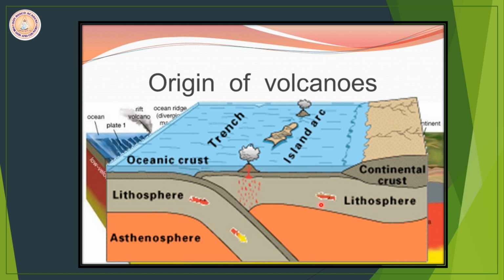Hot and semi-solid rock materials turn into liquid. This liquid molten rock is known as magma, and it starts to rise to the surface through the cracks or lines of weakness.